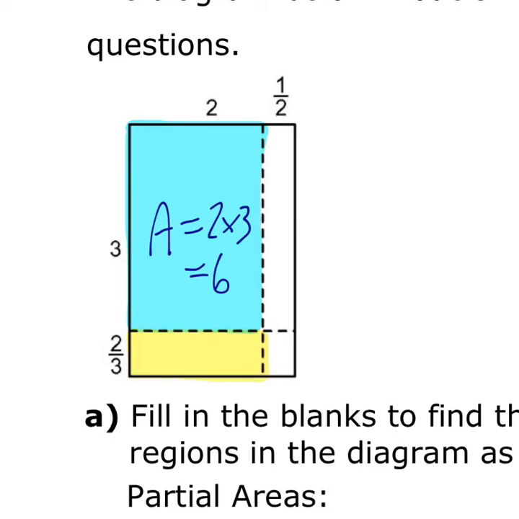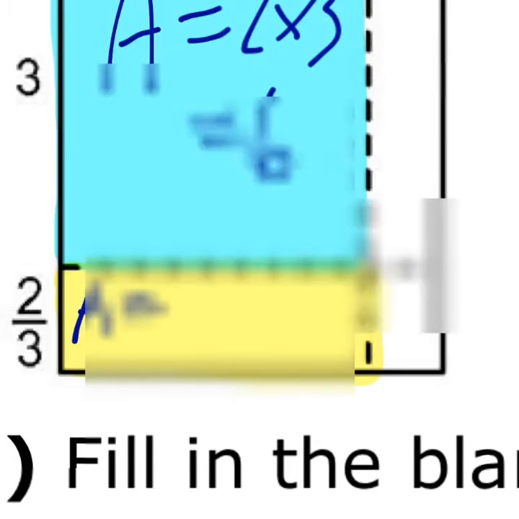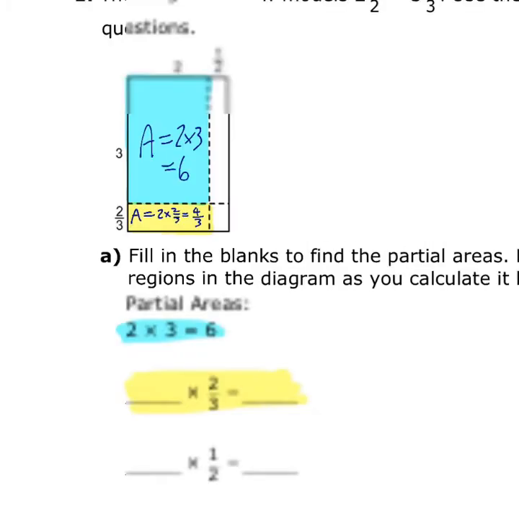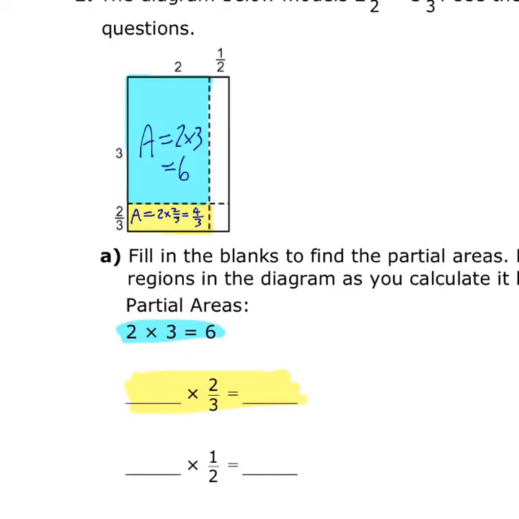So here, if we find this area, it is equal to 2 times 2/3, and that's equal to 4/3. Alright, so back out here, we have 2 times 2/3 is 4/3.